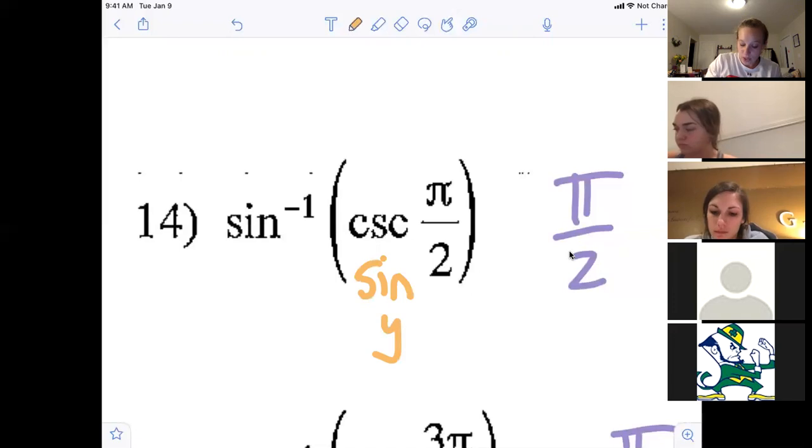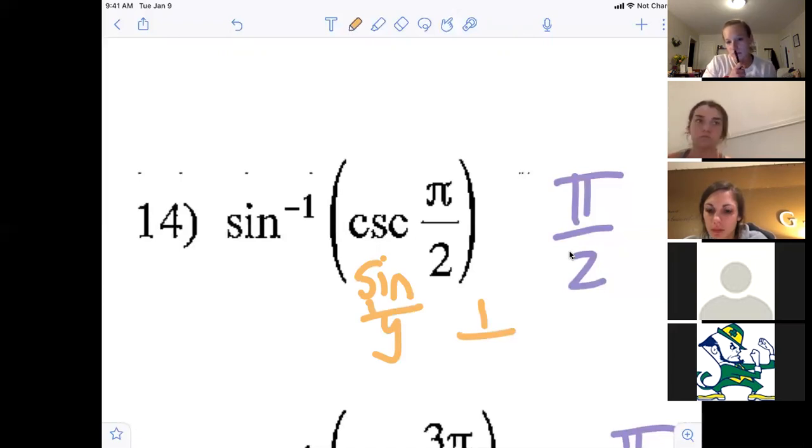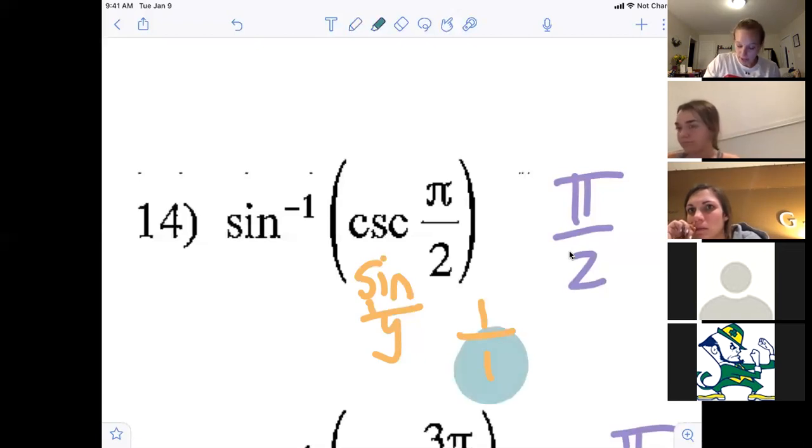So we're essentially doing cosecant is 1 over y. So what's my y value at pi over 2? One. So cosecant of pi over 2 is 1 over 1, which is just 1. So we just use the y as the denominator and we just did 1 over that. It just happened to stay 1.